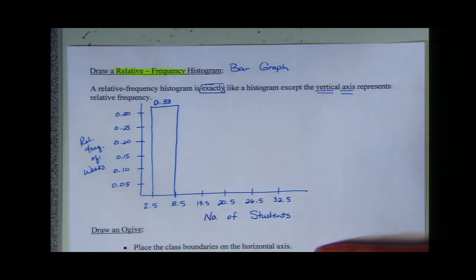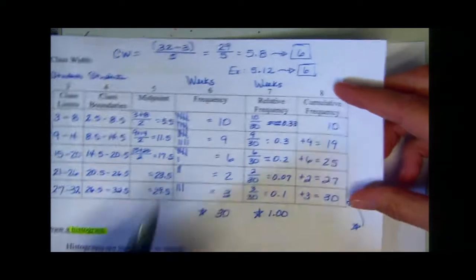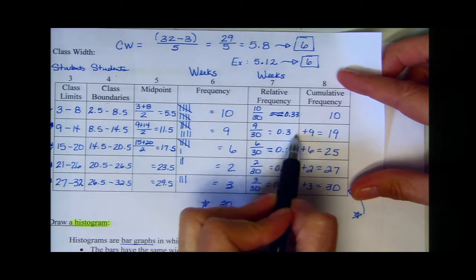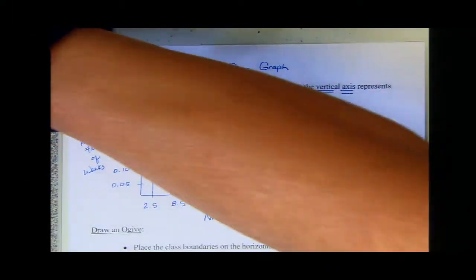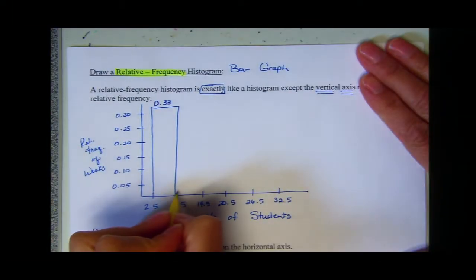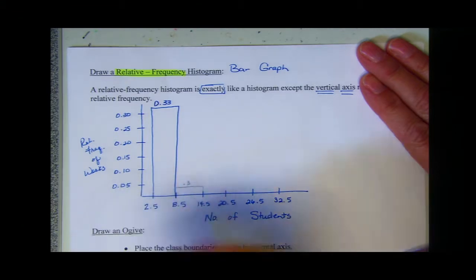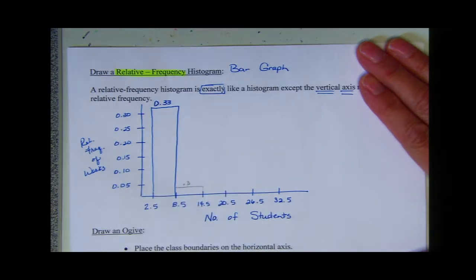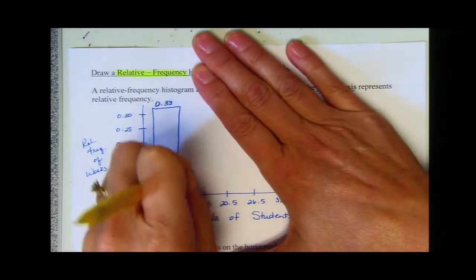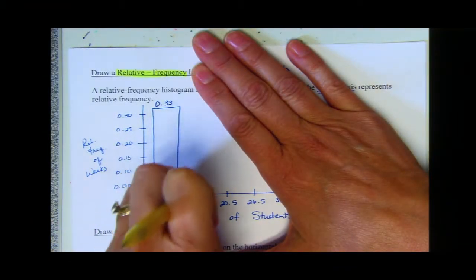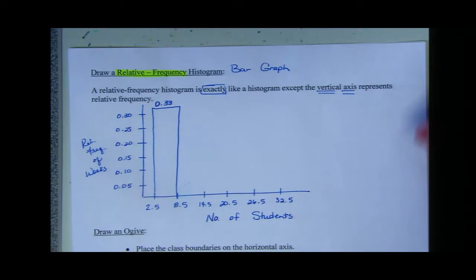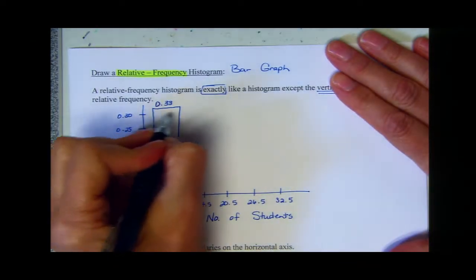Now please be careful. Here we have 0.3. I have students that will create that and put it down here and say this is 0.3. What they have graphed is 0.03. 0.3 is the same thing as 0.30.